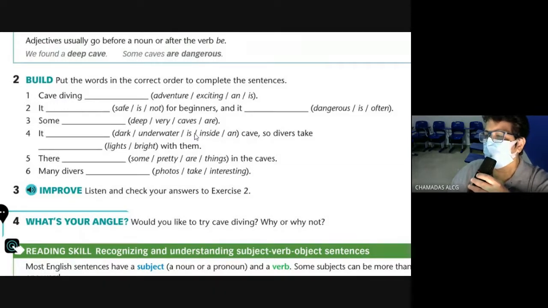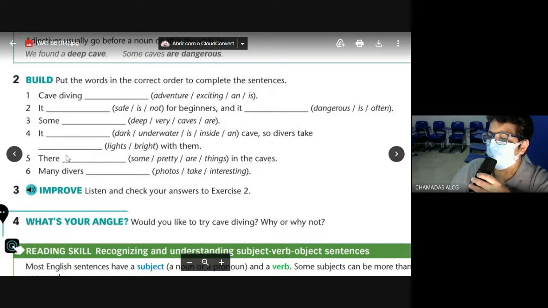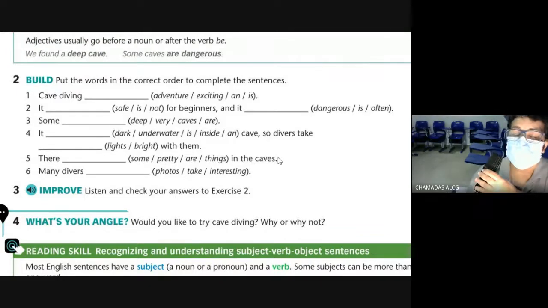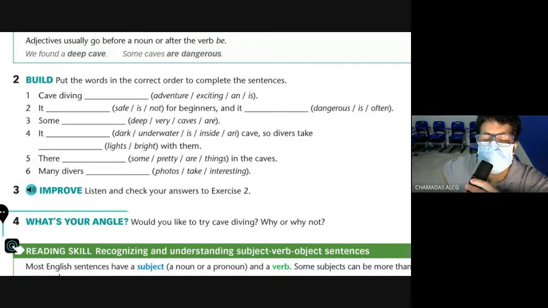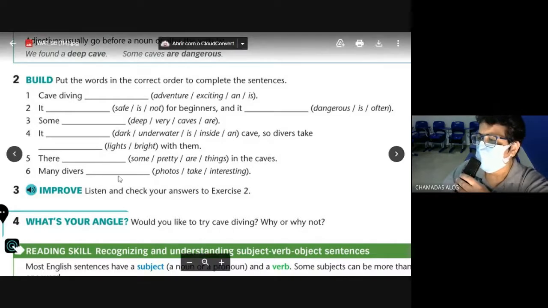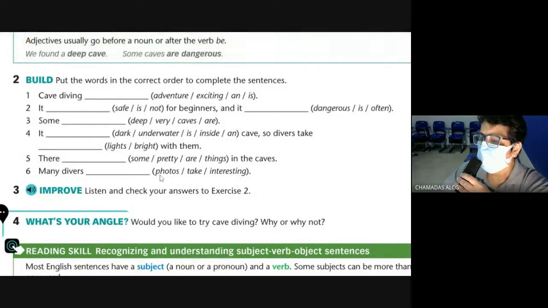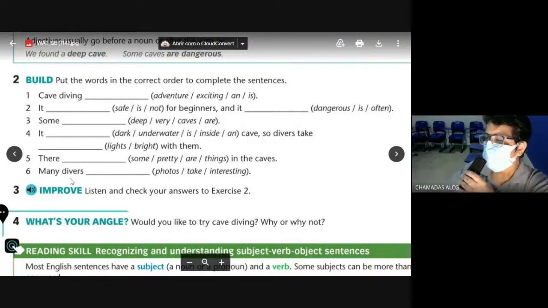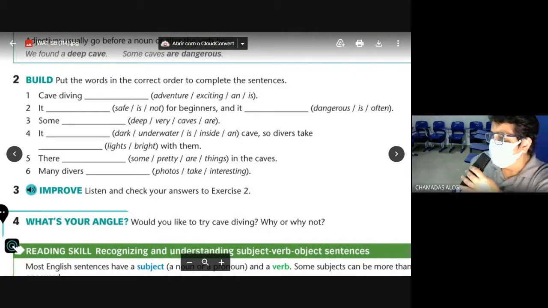So divers take bright lights with them. There are some pretty things in the caves. Many divers take interesting photos.